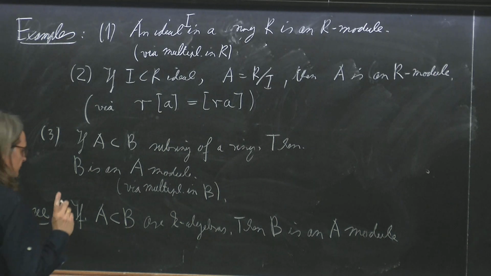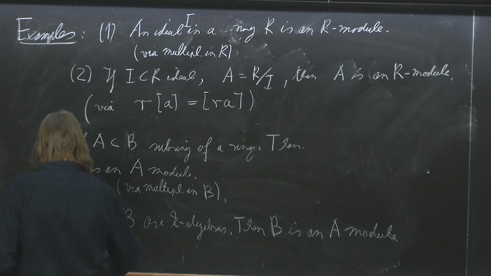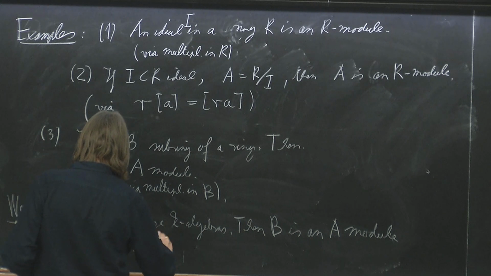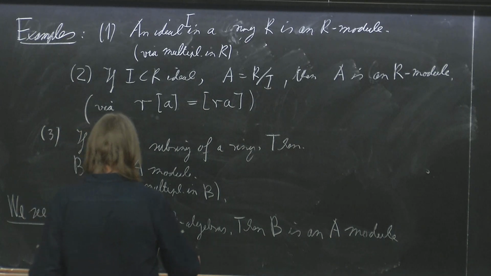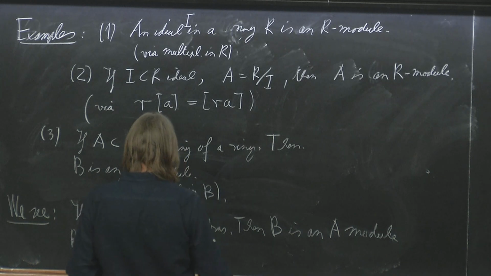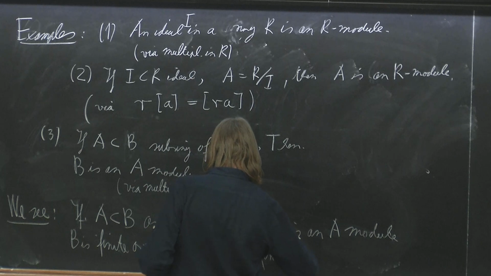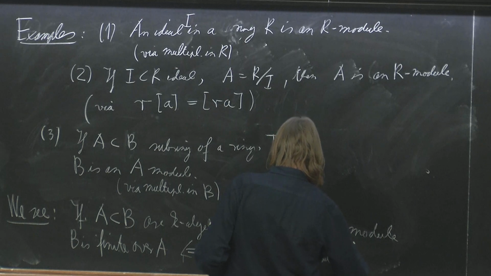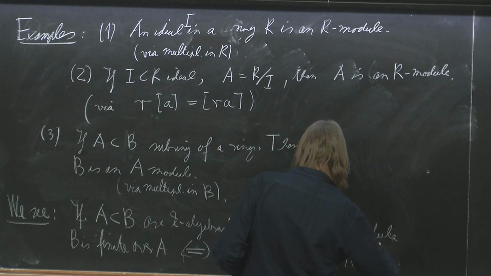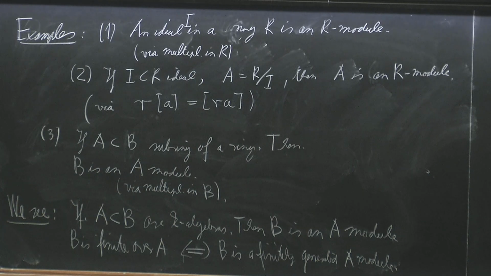So B, which we also say is finite over A as an A-algebra, is a finite A-algebra if and only if B is a finitely generated A-module. These are all simple reformulations, but anyway, so far to this.